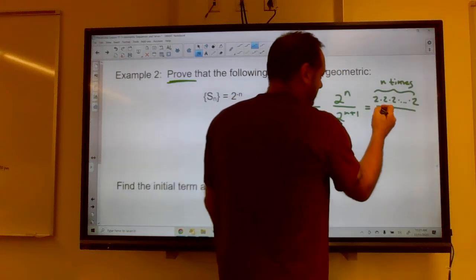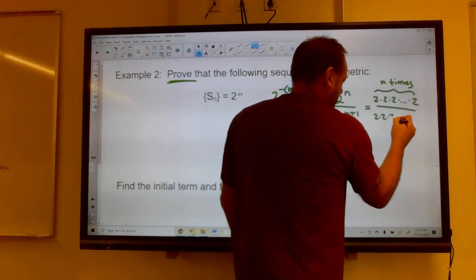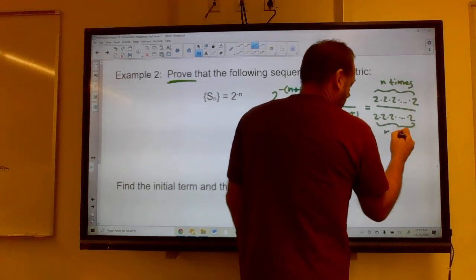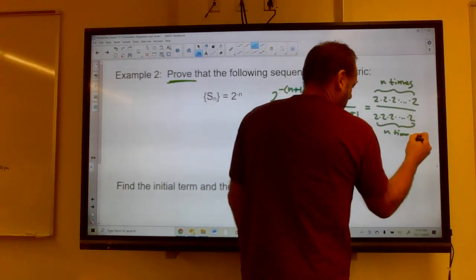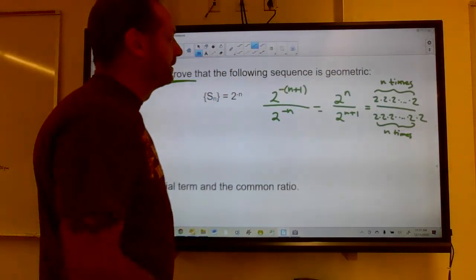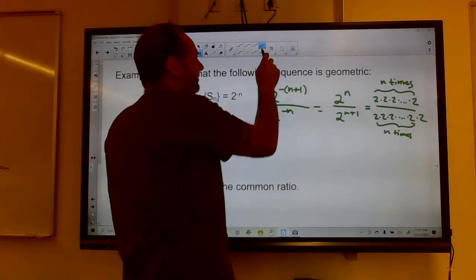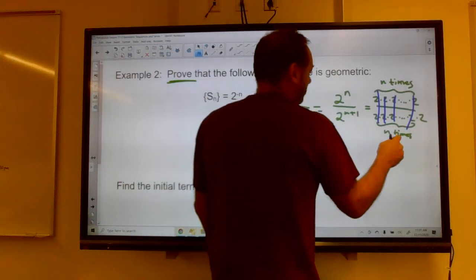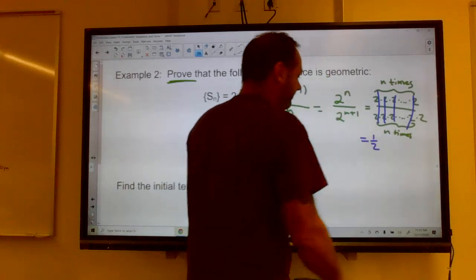And this is just going to be the same thing, 2 times 2 times 2 times dot dot dot times 2, n times, but times one more because it's n plus 1. So if that's the case, all these are going to cancel out, and I'm going to be left with 1/2.